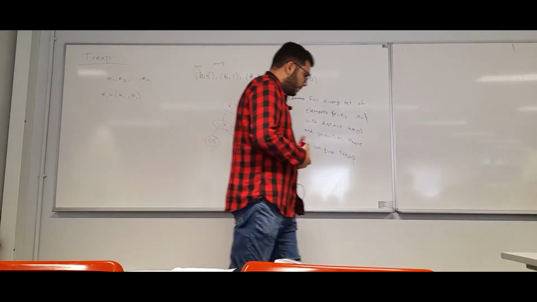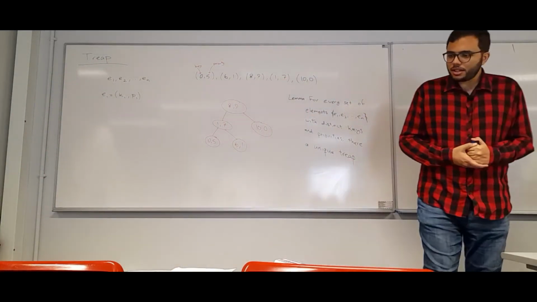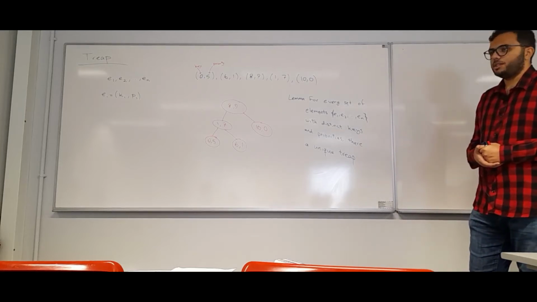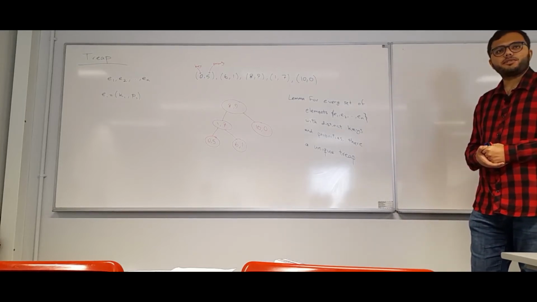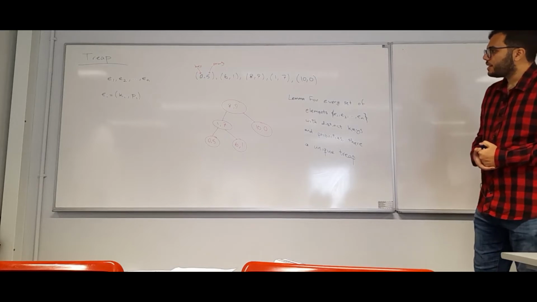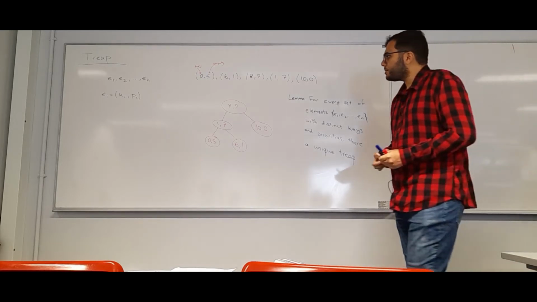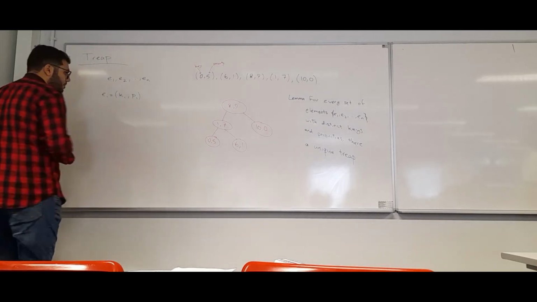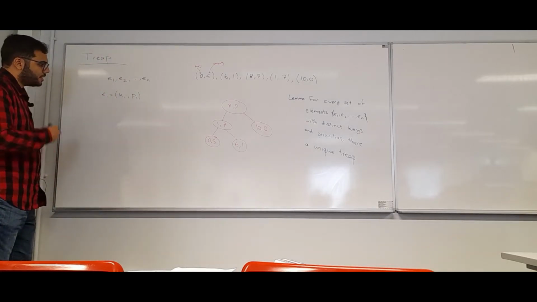So this is what a treap is. But how can we insert elements into a treap? Or how can we remove elements from a treap? Actually, I'm going to talk about a simpler operation first, and then I'm going to use it in all of these cases.